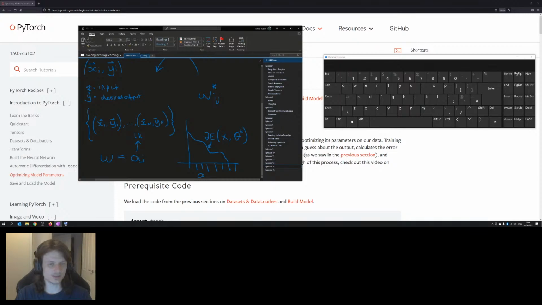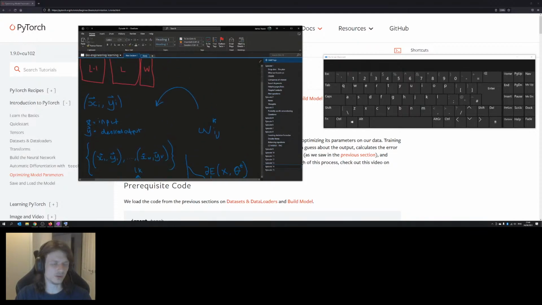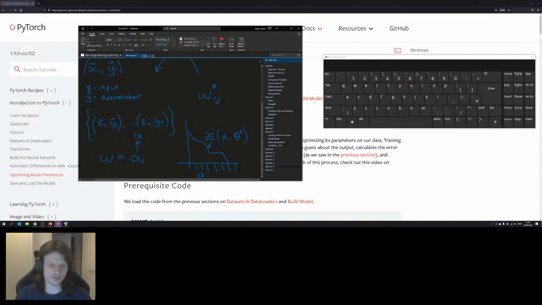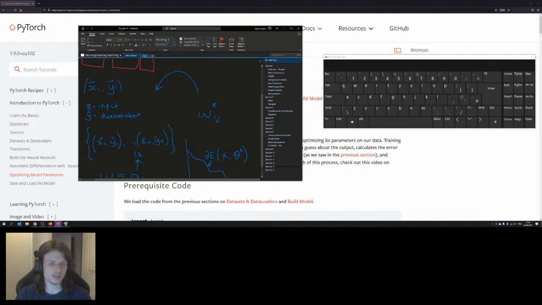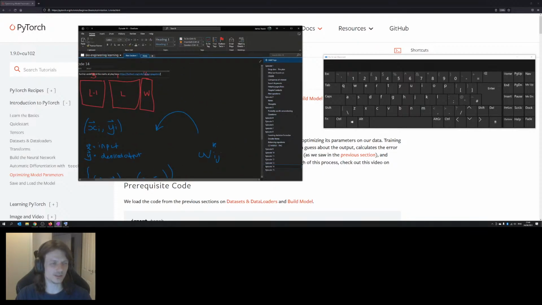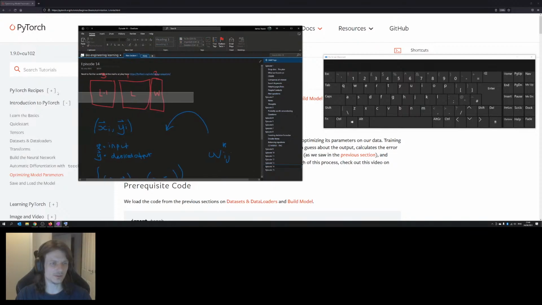So this is trying to figure out the angle between the input and the output, I guess, or maybe just the outputs of the input. I don't remember doing that here, so maybe I did this another time.